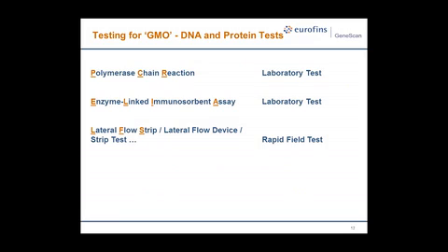The difference between the testing really is that the PCR tests and the ELISA tests are lab tests, so they require specialized equipment, specialized training for staff, and generally a little bit more know-how. But the lateral flow strips, or strip tests, or lateral flow devices, those are rapid field tests. You don't really need any training.